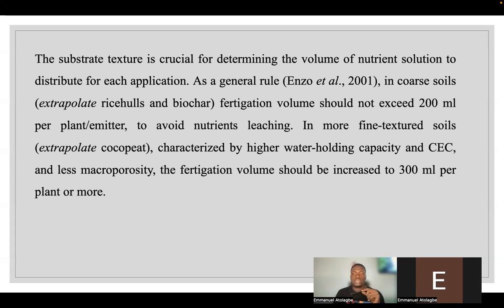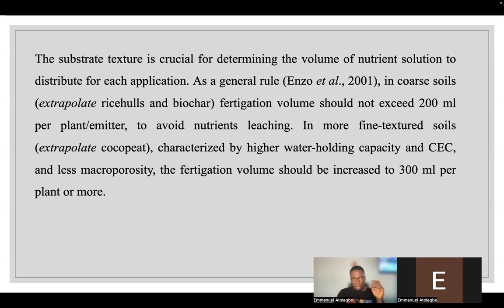The CEC stands for cation exchange centers. It just means how charged, how accommodating your substrate is in allowing nutrients to be attached to it.